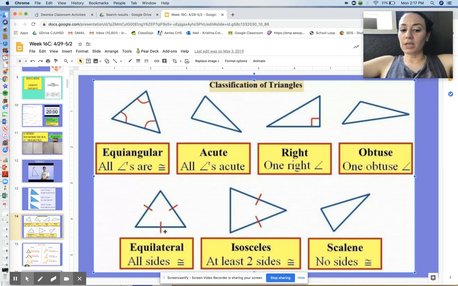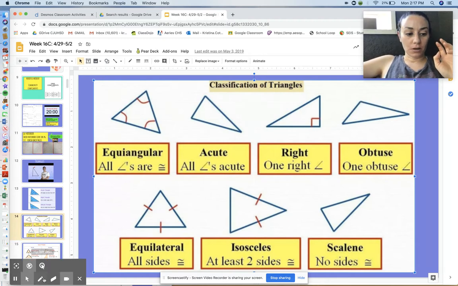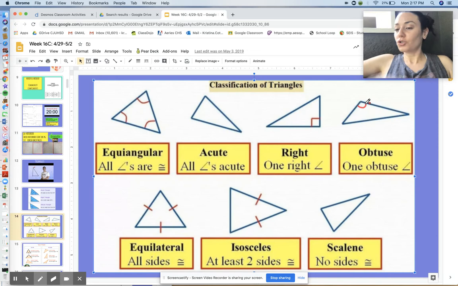It's also called equilateral because all the sides are equal and all the angles are equal. A right triangle has one 90-degree angle, and an obtuse triangle has one obtuse angle. Remember, obtuse means kind of like obese. So one of the angles is going to be this one right here. Let's see if I can write on that. Yeah, this one right here is obtuse.